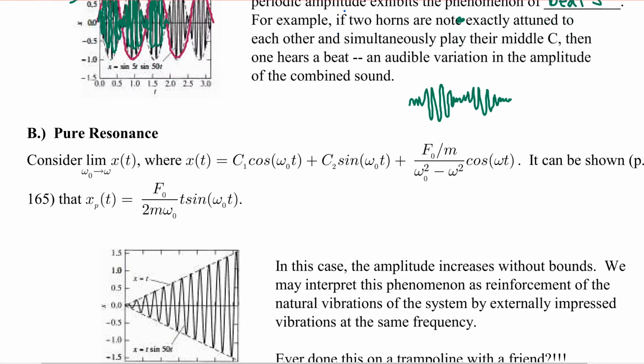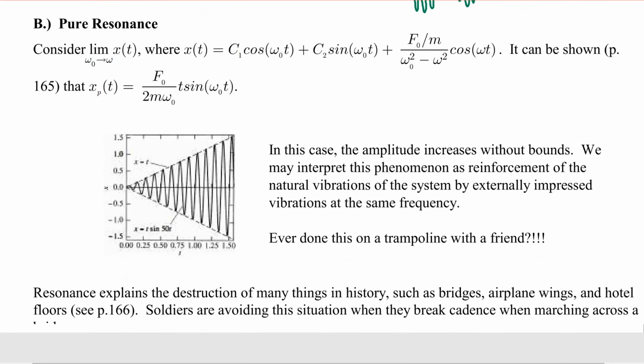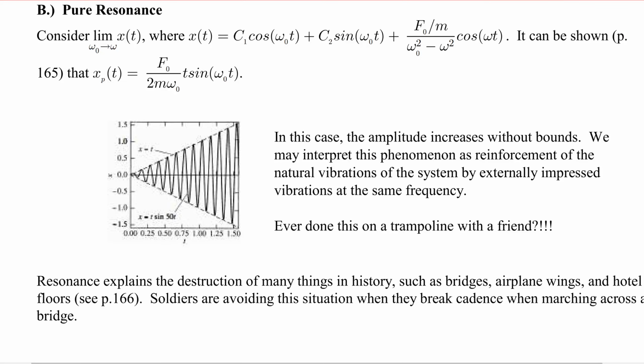Another interesting result with undamped driven motion is called pure resonance. Remembering that to produce the phenomenon of beats, omega naught and omega have to be very close but distinct, that is not equal. What happens when the natural frequency of the spring and the external frequency match exactly?